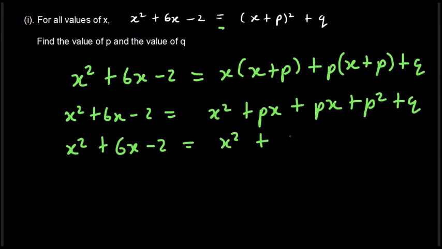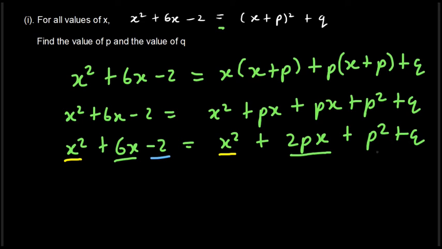So now we have x squared plus 2px plus p squared plus q. Since we are making comparisons between terms with the same power of x, here x squared we compare with this term, and we compare this part with this part, and lastly we compare the constants.